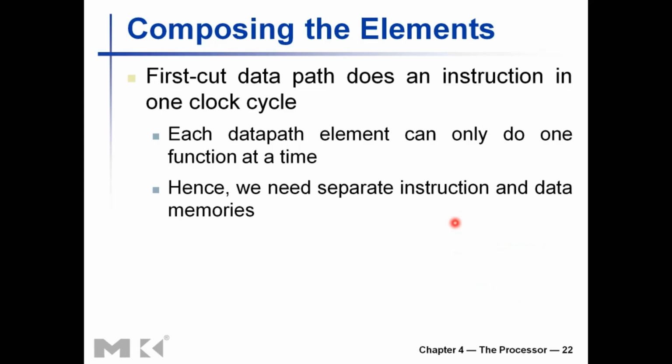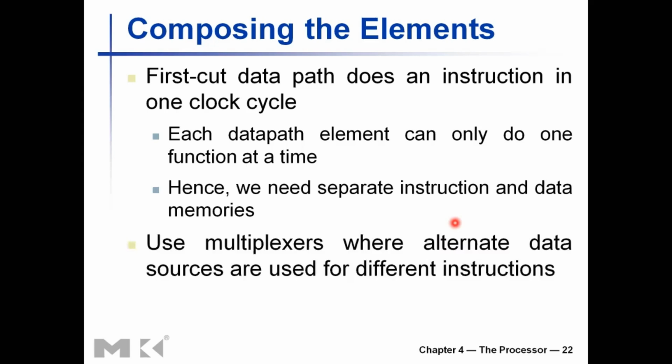One for the reading and writing of the current instruction, one for the reading of the next instruction to be executed, right? So all this happens at the start and end of the same clock cycle. So you need the instruction and data memories to be separate. Then when linking all these elements together, composing the full data path, we need to use things like multiplexers, when we need to select from alternate data inputs or alternate data sources, like updating the program counter.